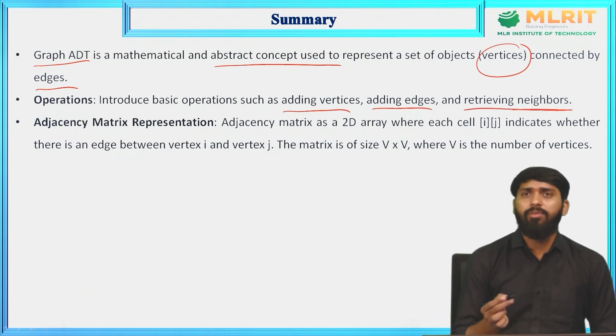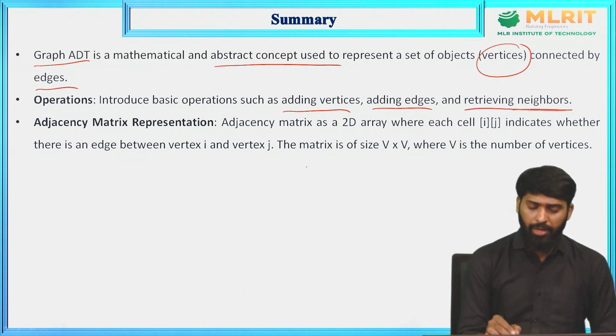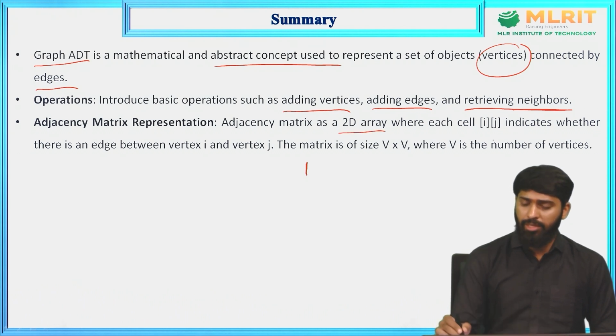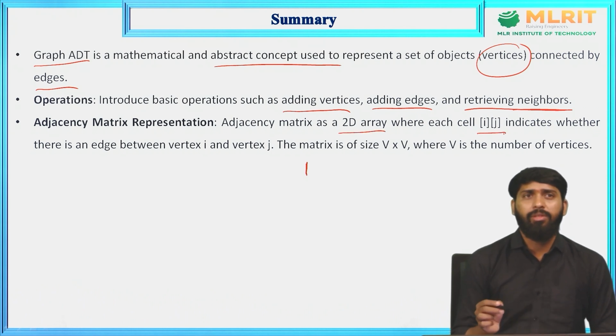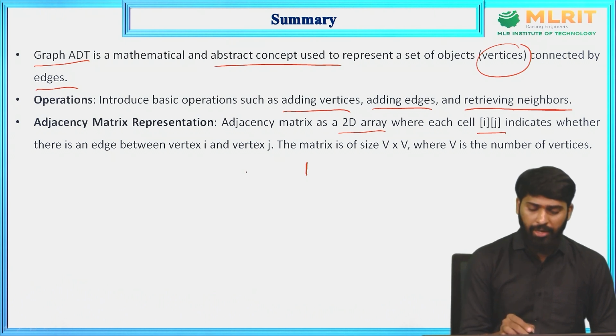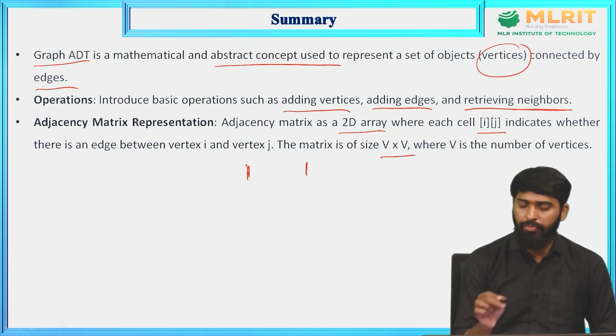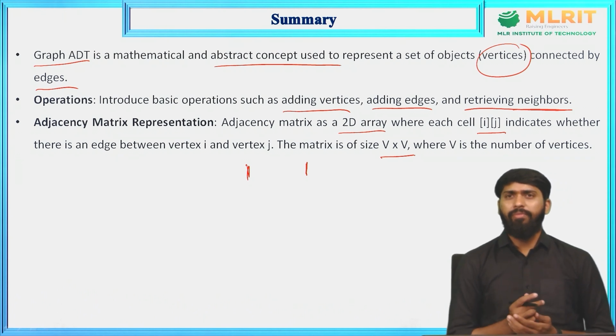To retrieve neighbors, if the value is 1, we retrieve that vertex as a neighbor. We use an adjacency matrix to represent this graph ADT: a 2D array where each cell (i, j) indicates whether there is an edge, which I indicate as 1. The size of the matrix is V by V, where V is the number of vertices.